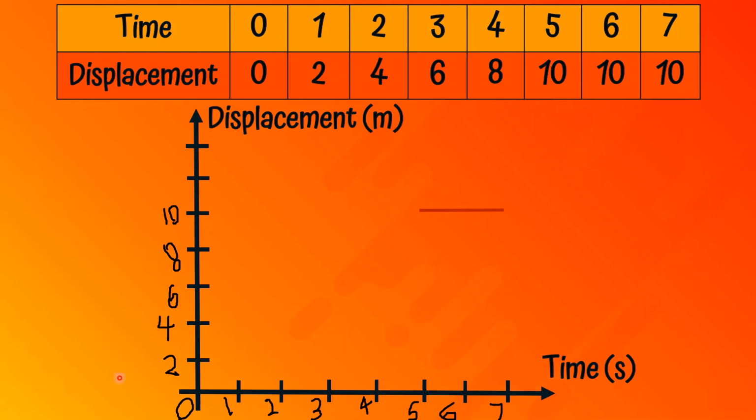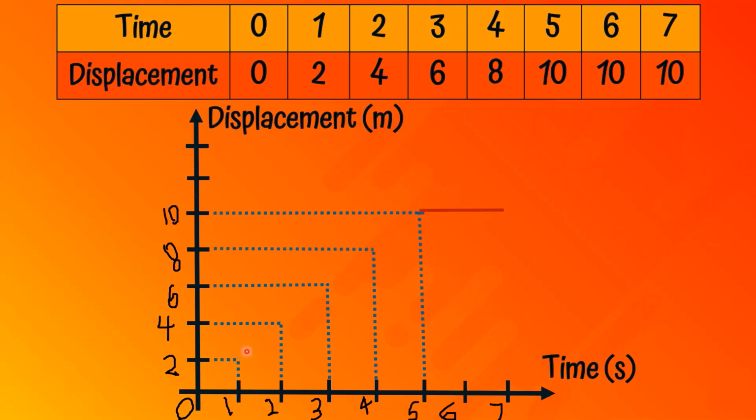In 0 seconds 0 meters, so here, and in 1 second 2, 2 seconds 4 meters, and 3 seconds 6, and 4 seconds 8, and in 5 seconds 10 meters, and also in 6 seconds 10 meters, and in 7 seconds also 10 meters. So now the graph is like this, a slant line and then a flat line.